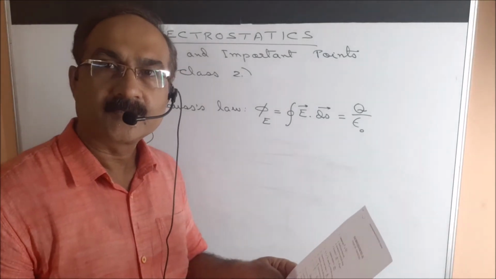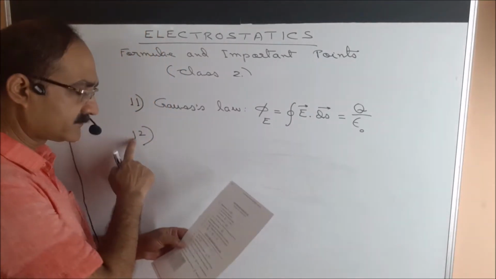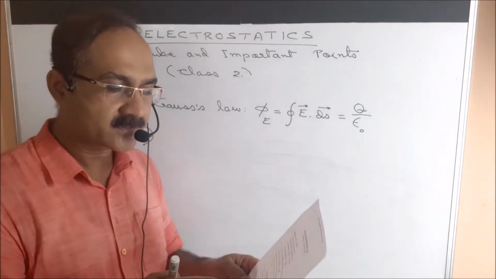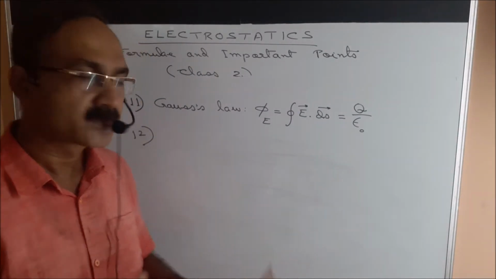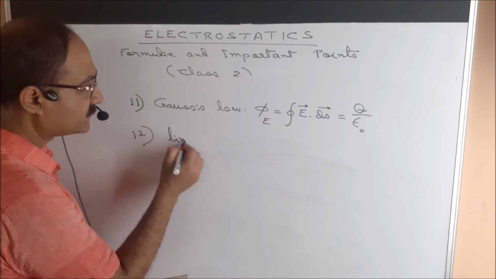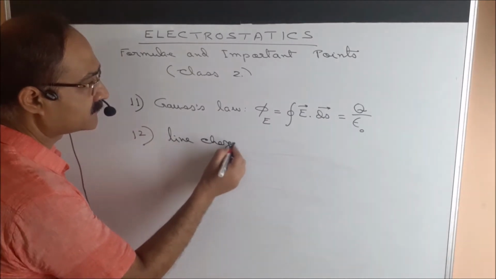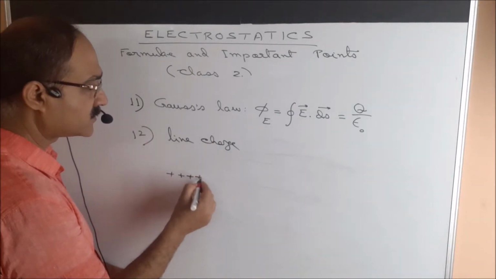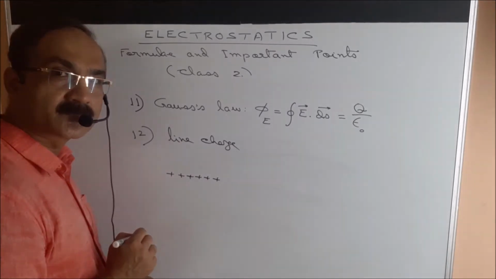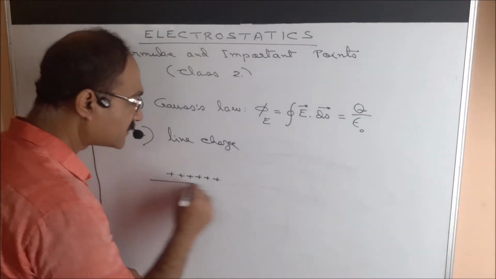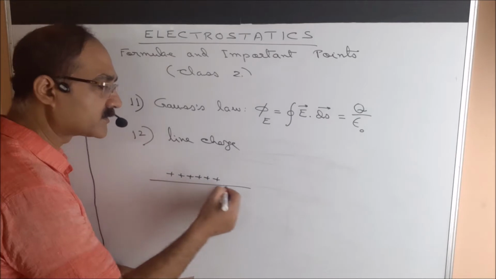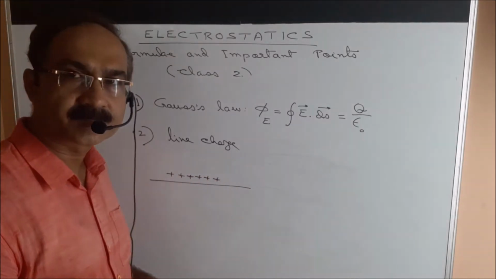So the next formula is formula number 12, which is electric intensity due to a line charge. So if you have a line charge, that is, charge is there in a line, say a very thin conductor where there is charge on it, we call it a line charge.